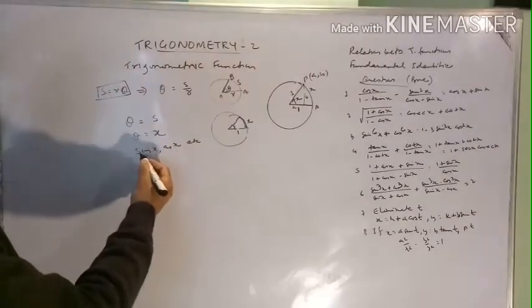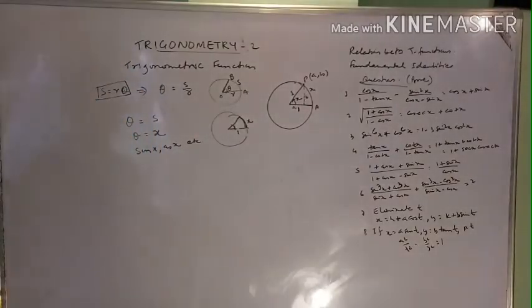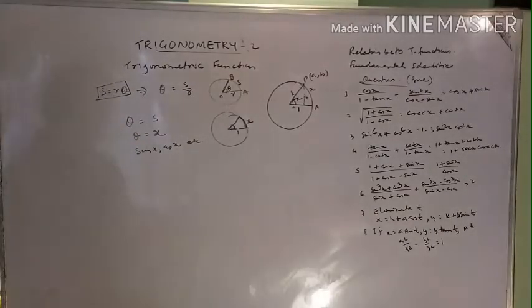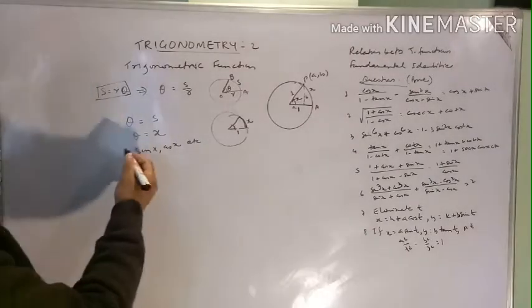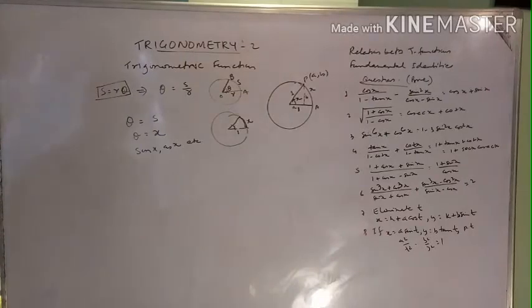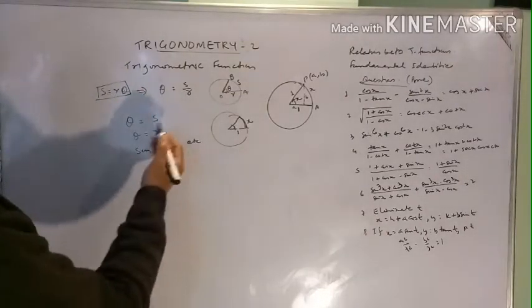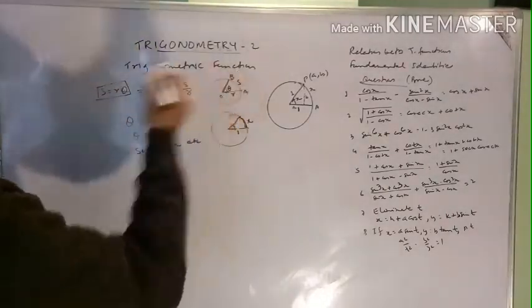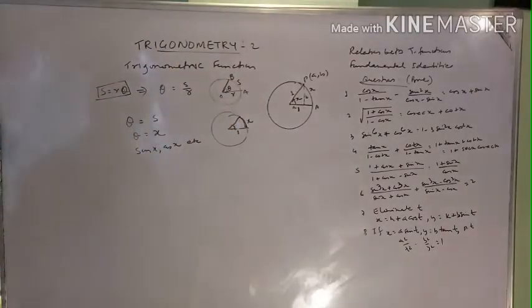So these trigonometric ratios can be taken as trigonometric functions now, because the value of sine x depends upon the value of x, so it can be taken as a function. So sine theta and sine x are more or less the same thing. Now we take these trigonometrical ratios as trigonometric functions. So instead of sine theta, cos theta, we now write sine x, cos x, etc., where x belongs to R.